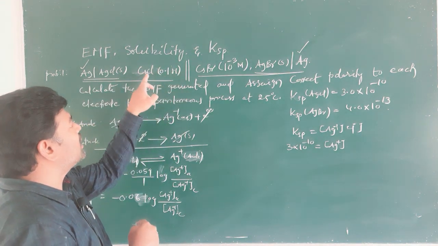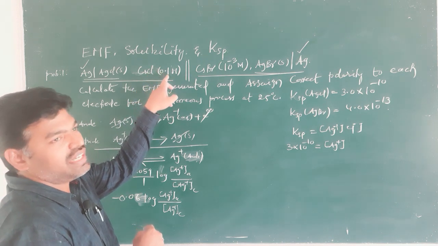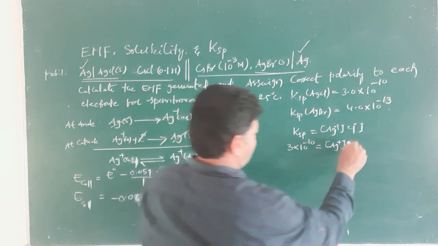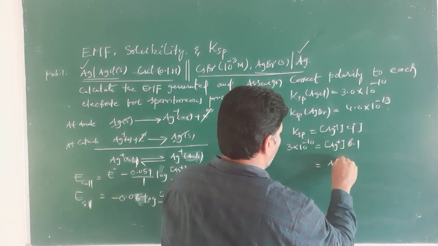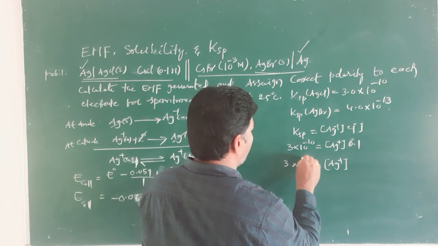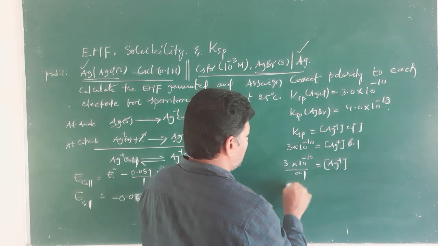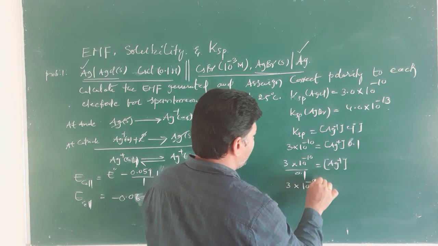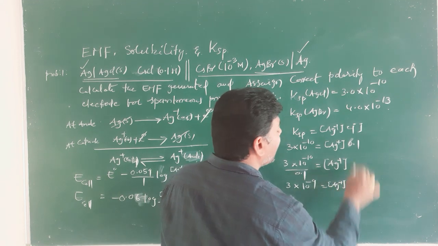We can take Cl minus concentration as 0.1. Therefore, concentration of Ag plus is equal to 3 into 10 power minus 10 by 0.1, and this comes out to be 3 into 10 power minus 9, concentration of Ag plus at anode.